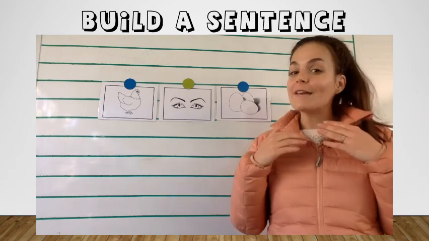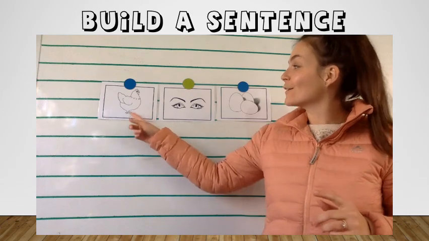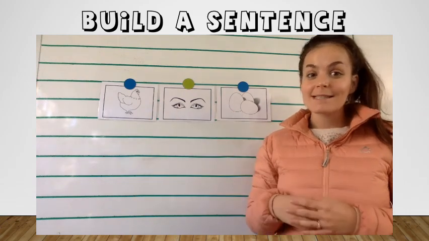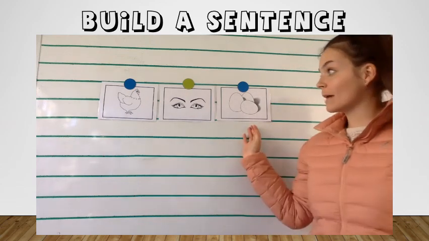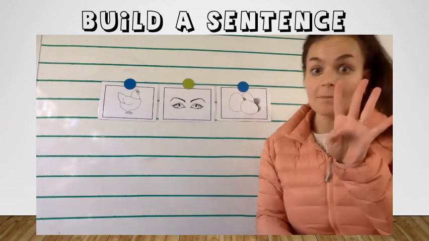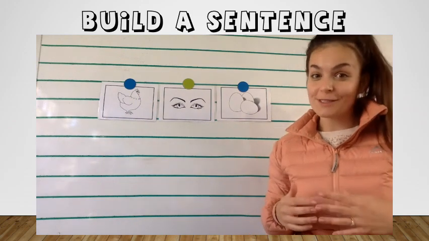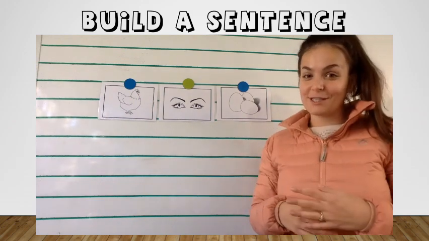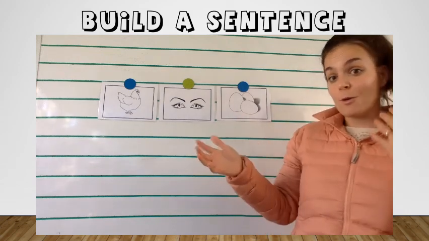Now, before we even start to think of our sentence, the first step is looking at our pictures. Sometimes there could be 2 pictures, sometimes there could be 3 pictures, and later on there'll even be 4 pictures. But what we do first is we discuss the pictures. We talk about the pictures. We ask questions.